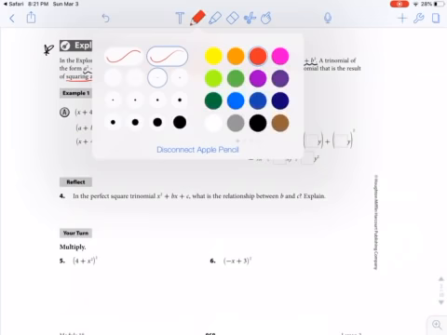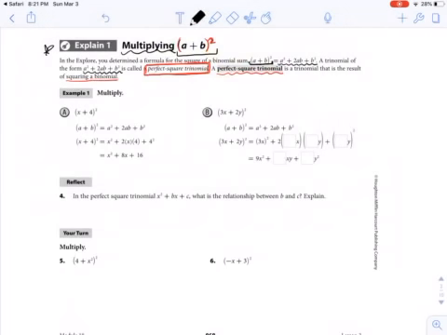Okay, so for example 1, I want you guys to go ahead and just watch. Well, for part A, at least. Okay, and so we have x plus 4 squared. So if you guys remember our formula, a plus b squared equals a squared plus 2ab plus b squared.